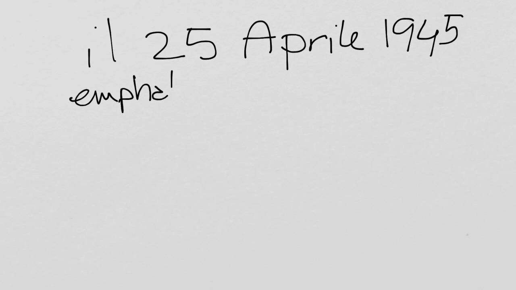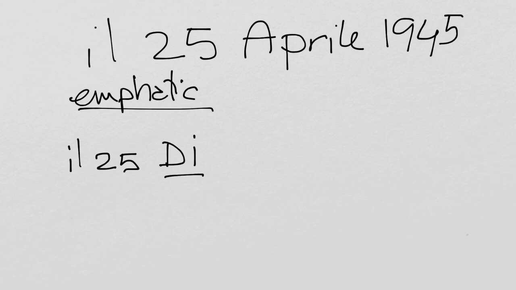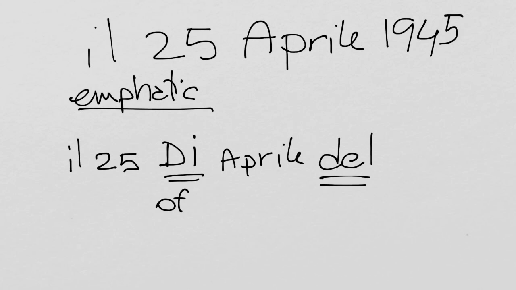Now let's put a little bit of emphasis on this date, and we can say it is il 25 di aprile, of April. So the preposition di, and then we say del, of the, and then the year 1945, del 1945.